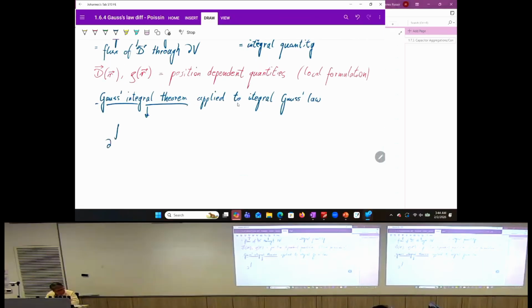So this is the evaluation of the flux integral. Basically here we're now entering with our integral theorem.